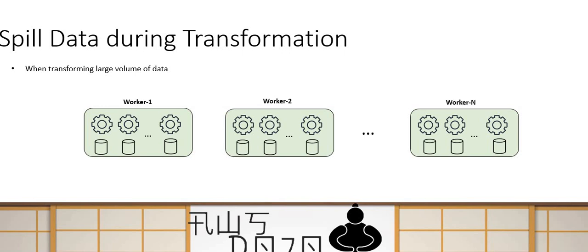But even then, this part of the data for an executor is quite big by itself. So the executor stores the spill data, which is created as a part of the transformation, to the local disk space allocated to it. Each of these executors within the workers stores its spill data into this disk space.